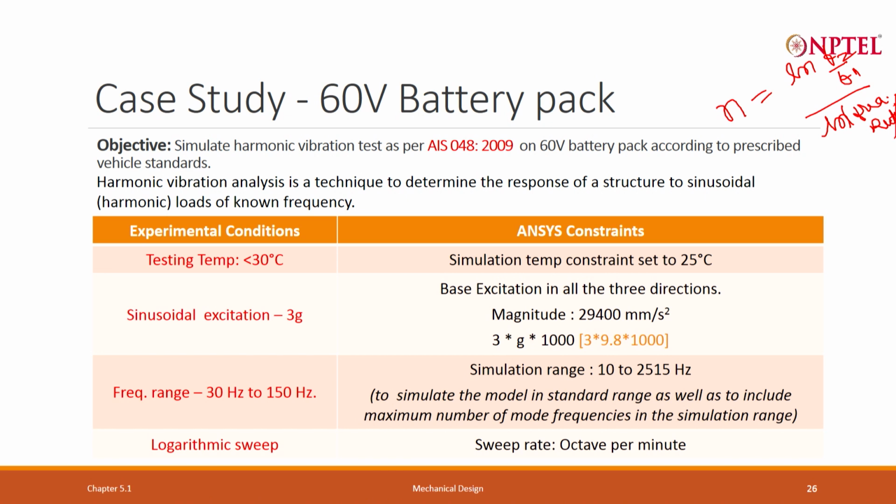Now for the octave or frequency ratio, we may want to go by 1.25 or 1 or 1.4. Accordingly, we will select the frequencies. So for 30 hertz, if I have to go 1 octave, I will select 30 hertz, 60 hertz and 120 hertz from the equation that I have talked about.